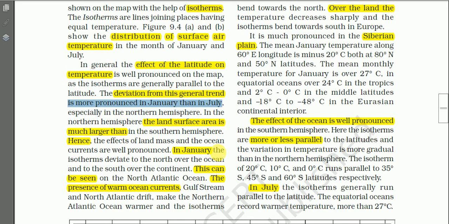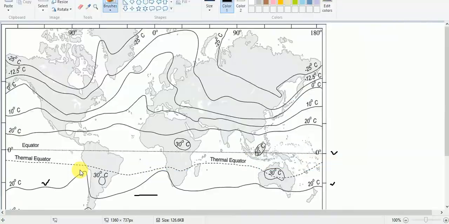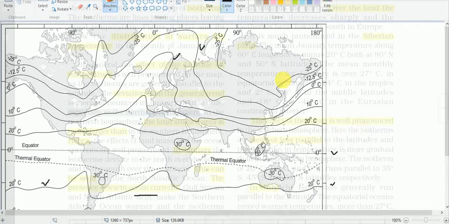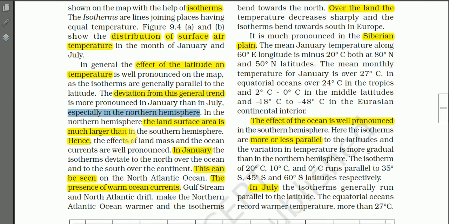That is, the deviation of these isotherms from the latitude is more pronounced in January than July, especially in the northern hemisphere. If you see this map, you will find that here isotherms are more bent. See here, it is bending more. The bending is mainly in the northern hemisphere, and also on the continents.